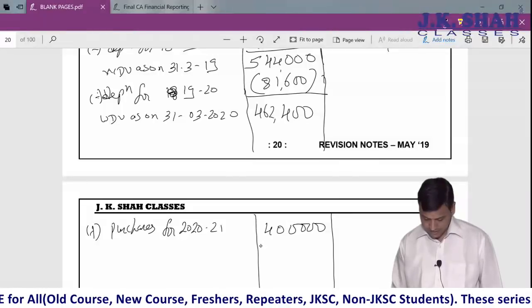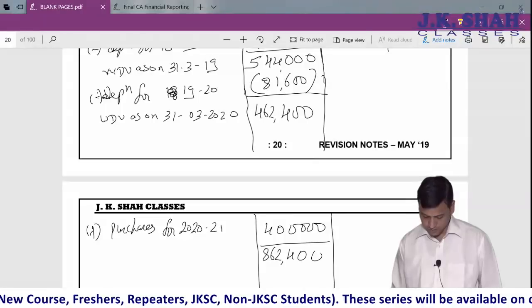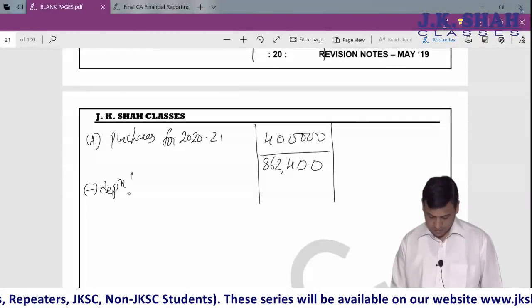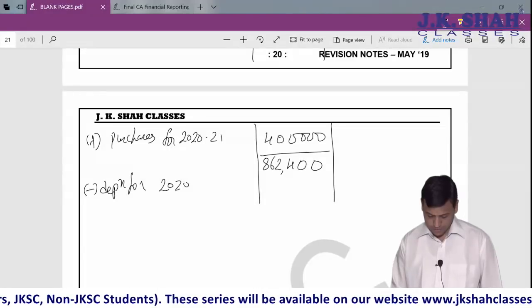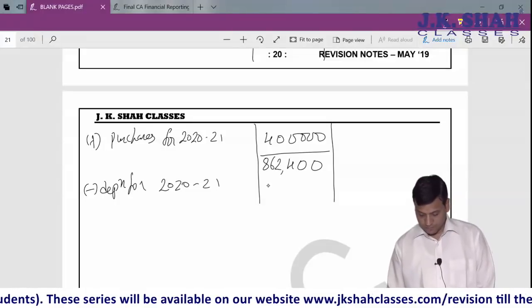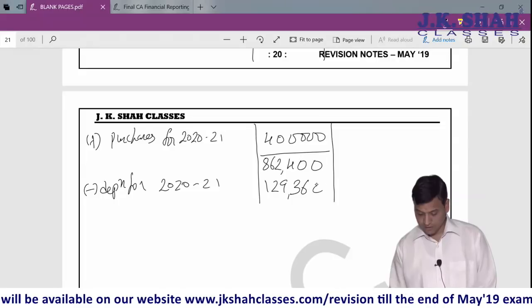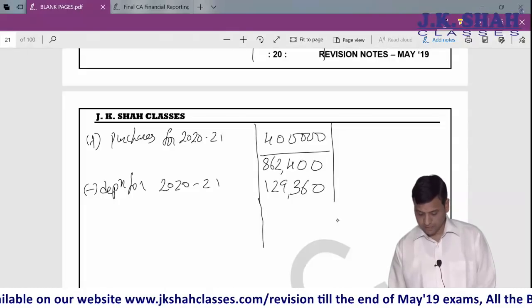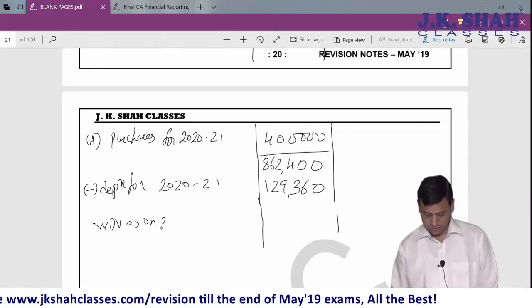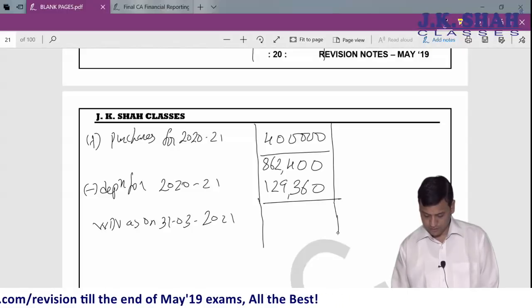So, the balance is 8,62,400, less depreciation for 2020-21, 1,29,360. Yeah, this is 15%. So, that is the WDV on 31st March 2021. Till this only we have to do it.